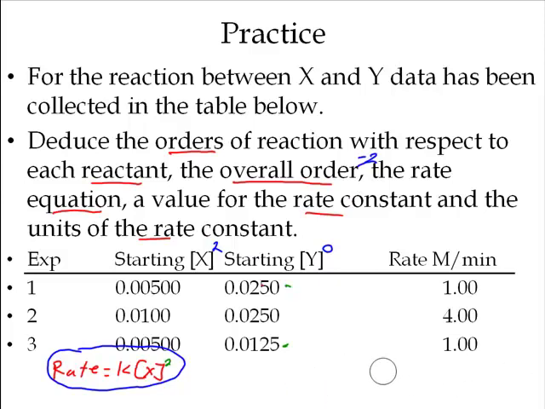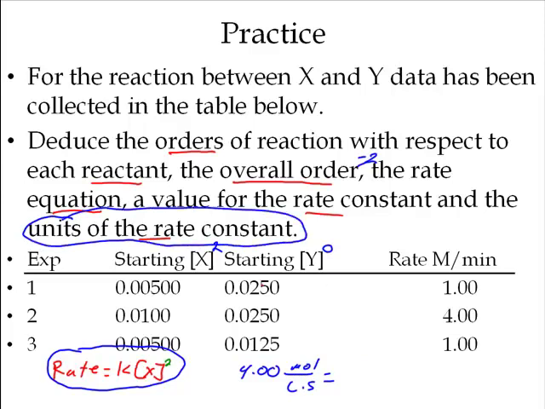So let's take, and again, if you want to pause the video, knock yourself out, you don't have to wait for me. So I'm going to take a rate in molarity per minute. So I'm going to go 4.0. I'm going to take the second experiment, and I'm going to write moles per liter seconds because I want to keep track of my units. Because look at the last question, the units of the rate constant. Okay, so I've got that equals K. That's what I'm trying to find the units for.